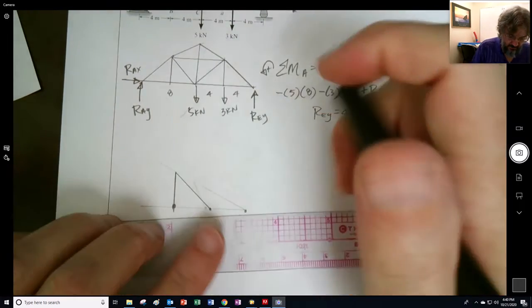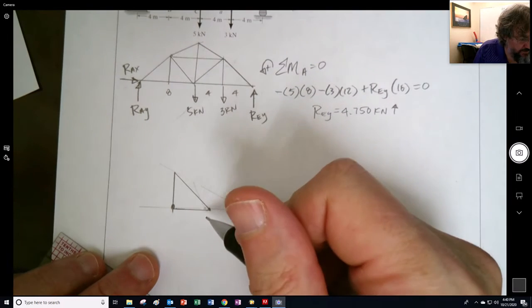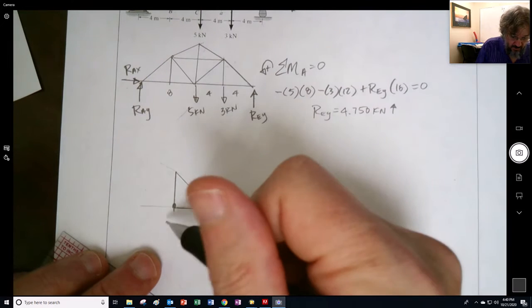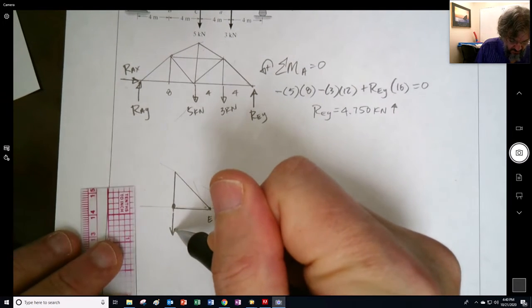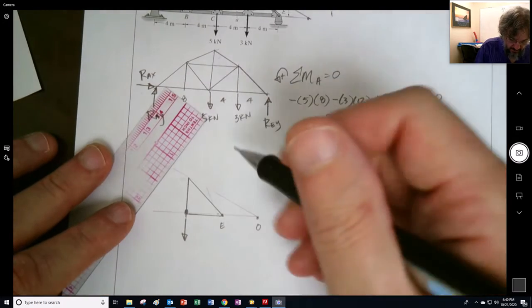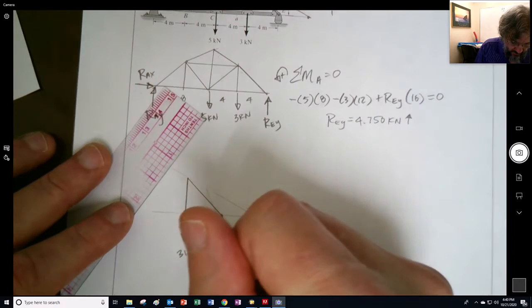Okay. So this right here is point E. They decided to call this O. You have a force coming downwards right there, and that's going to be the 3 kilonewtons.